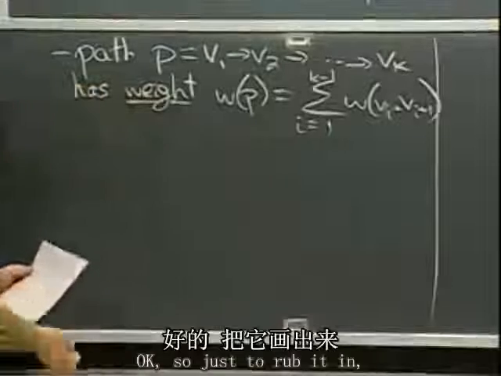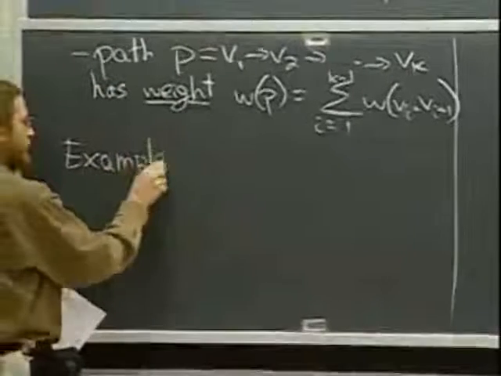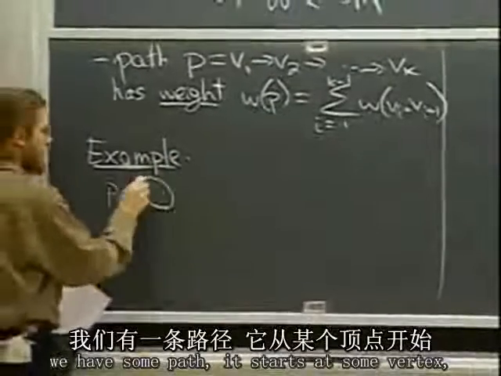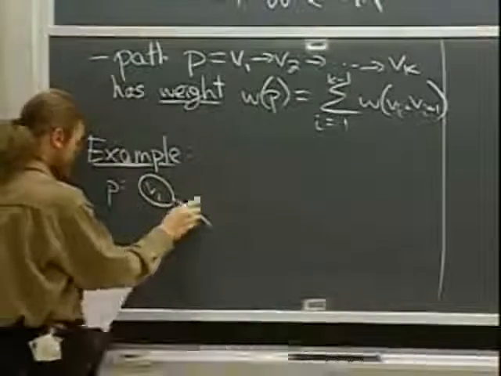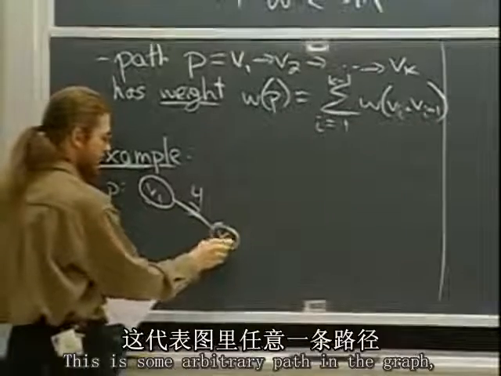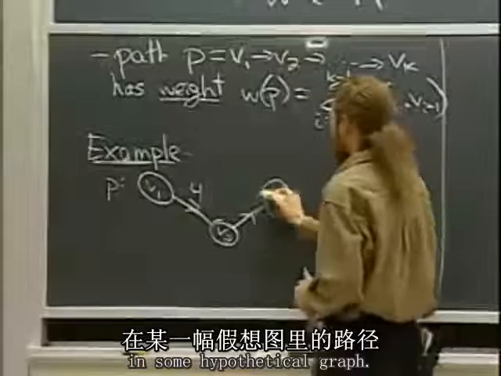Okay, so just to rub it in, and in particular how general this can be, we have some path, it starts at some vertex, there's some edge weights along the way. This is some arbitrary path in some hypothetical graph.